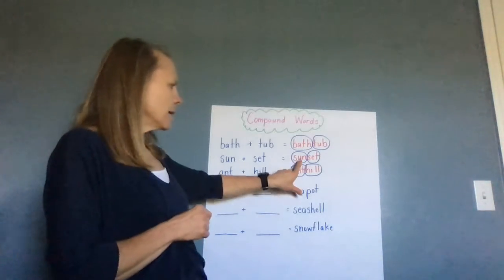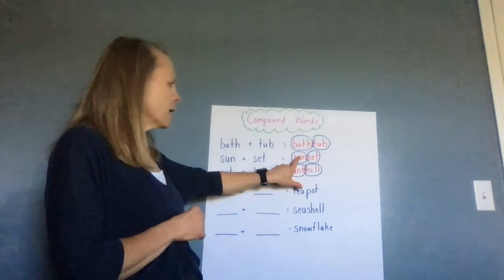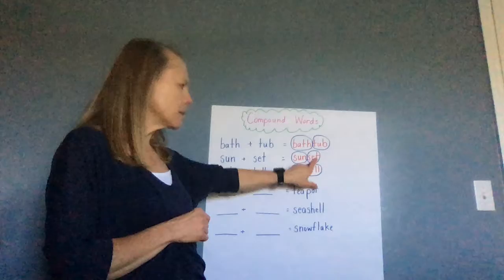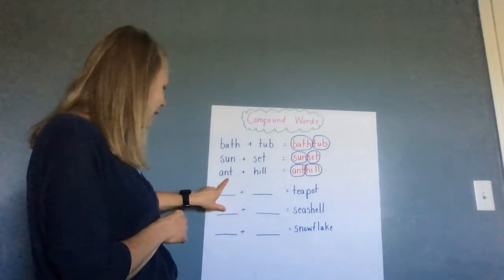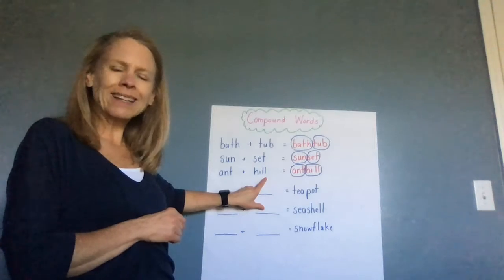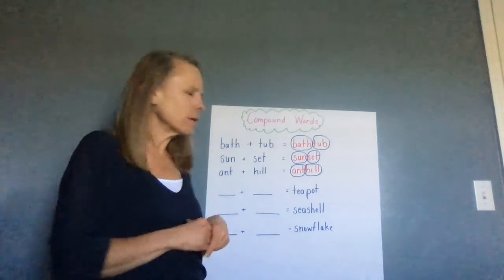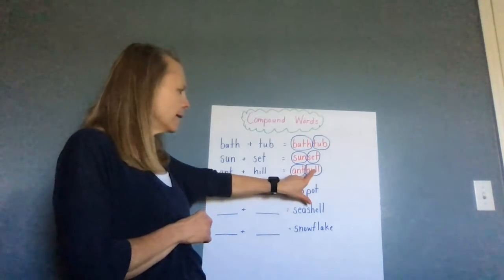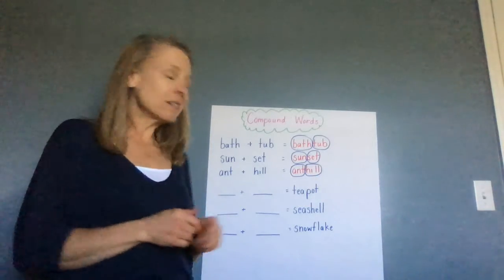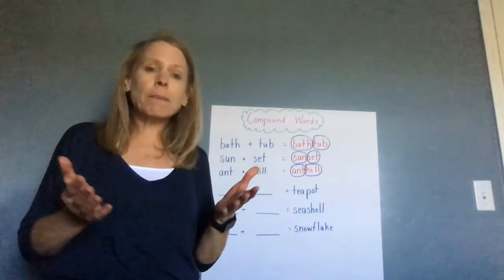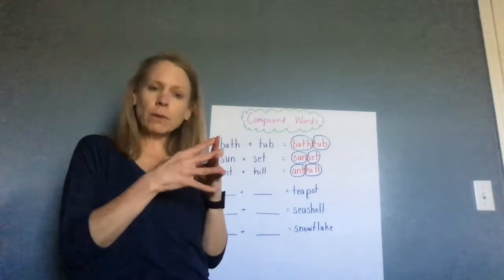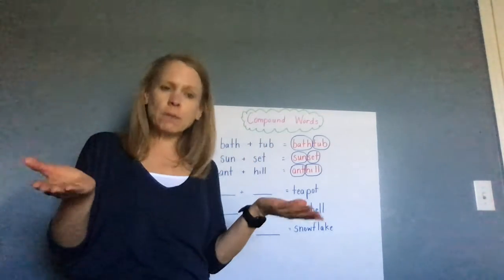A sunset is when the sun sets or when the sun goes down. If we have the word ant and what is this word? Hill. And we put the two words together and we have anthill. And so that is a hill that is made by an ant. So we think about the two words and we put them together and it becomes a new word.